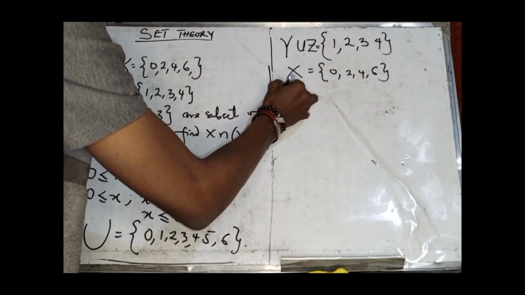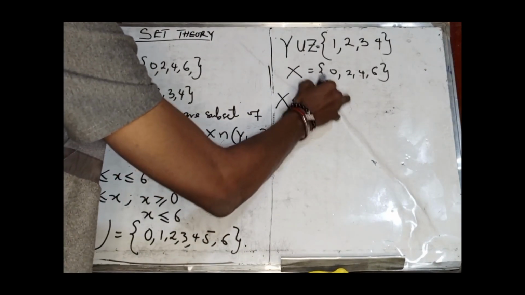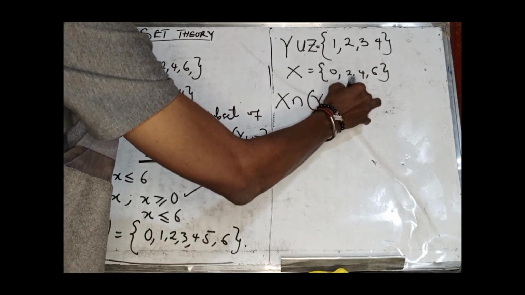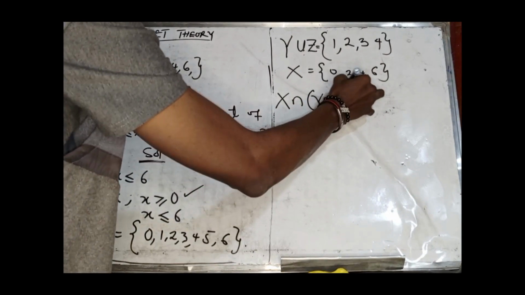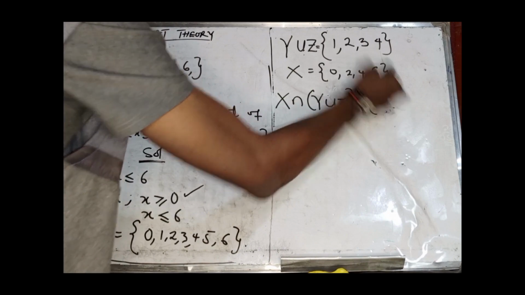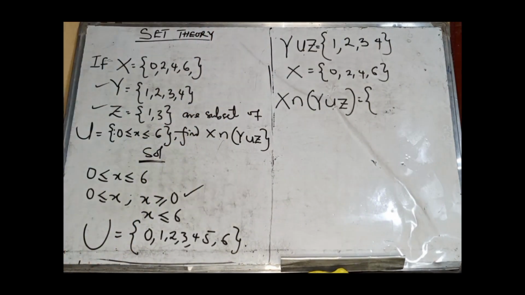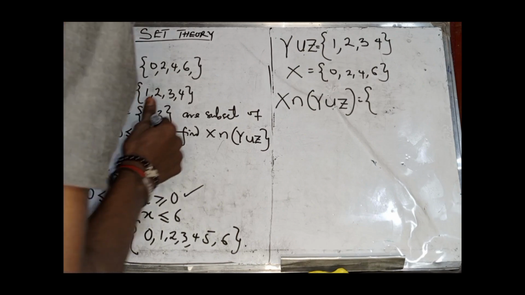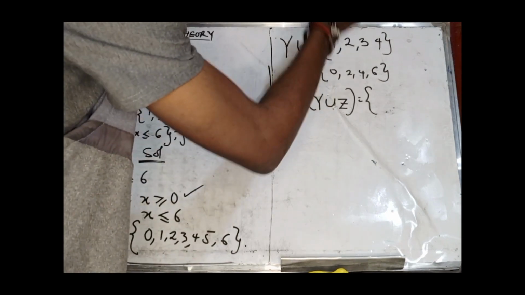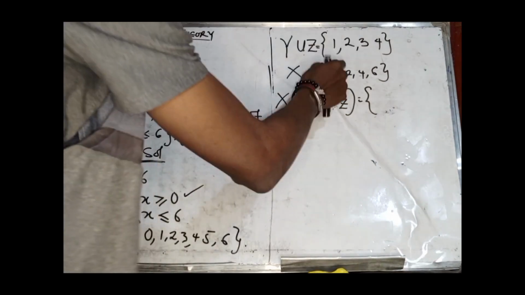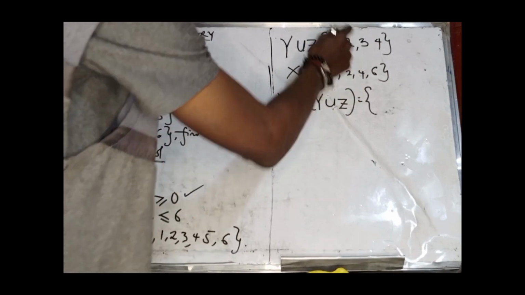So we want to get x intersection, then in brackets, y union z. What would that be? Now, I want to find the intersection between these two sets. What is common between these two sets?